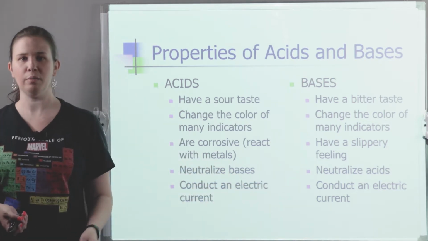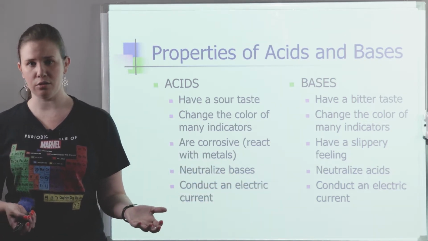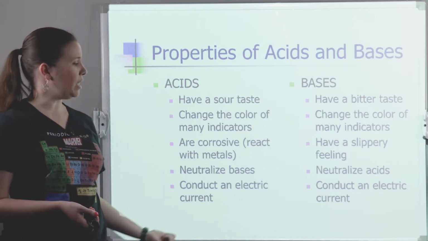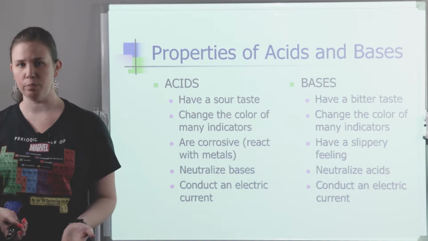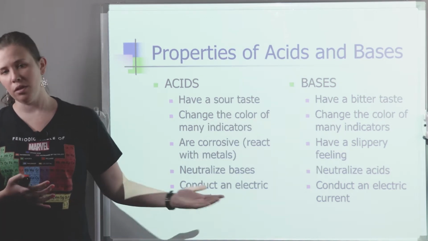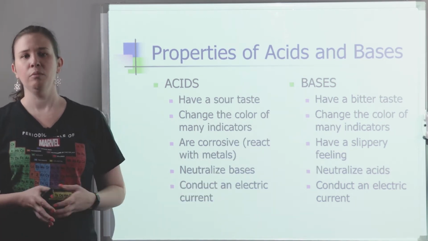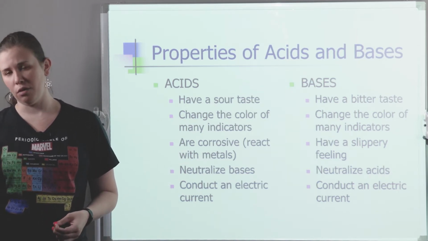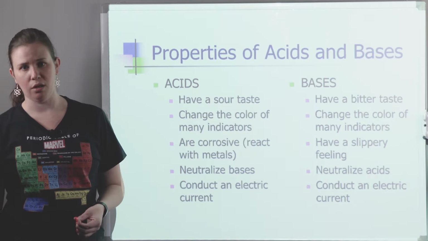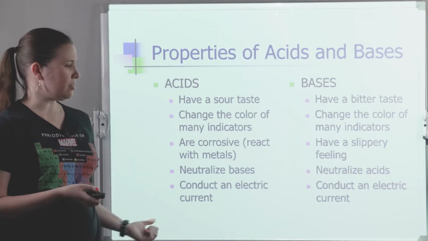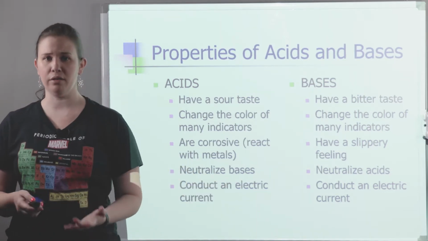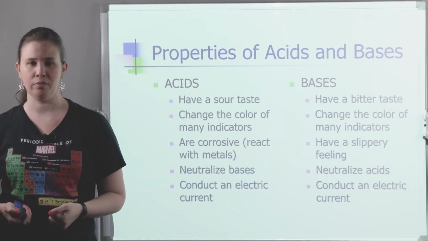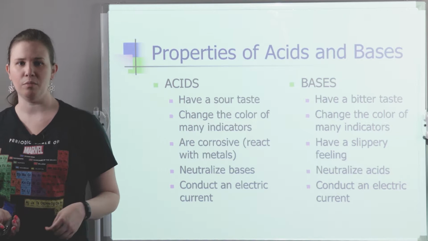Strong acids and strong bases will be very good conductors or good electrolytes, whereas weak acids or weak bases would not be as good of a conductor, or poor electrolytes, but still, either way, they will conduct a current because they are ionically bonded, not molecularly bonded. Those molecular compounds, remember, did not dissociate and would not conduct electricity. Acids and bases, either way, will both have ions in solution, and so they will, in some form, conduct that electricity. So these are our properties of acids and bases.